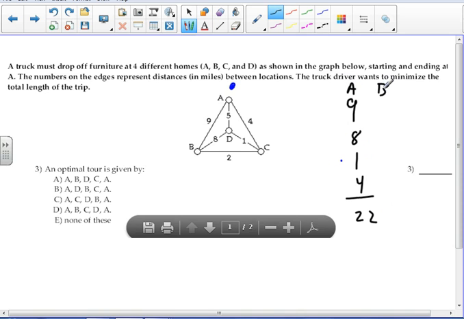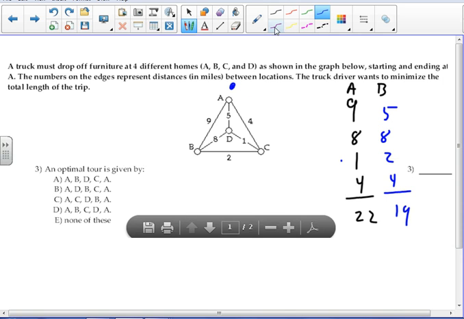My B path has me go A to D for 5, D to B for 8, B to C for 2, and C to A for 4. Okay, and that's 19.